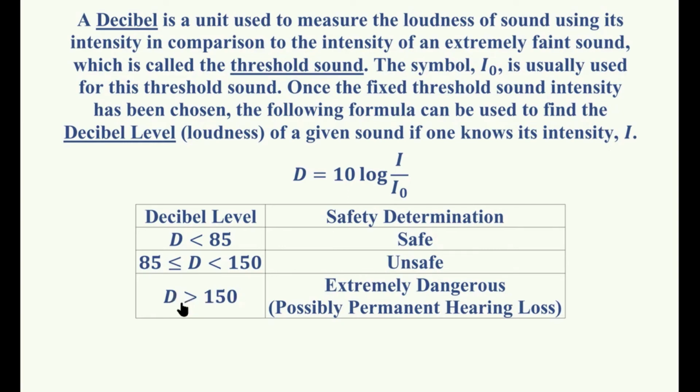And when you go above 150, you're going to be in the extremely dangerous zone. Here, to be really technically sound, we should have greater than or equal to. All right, so that's when you could experience possibly permanent hearing loss. And you definitely want to avoid any kind of loud sound, because the ears seem tough, but they're much more sensitive than they appear.